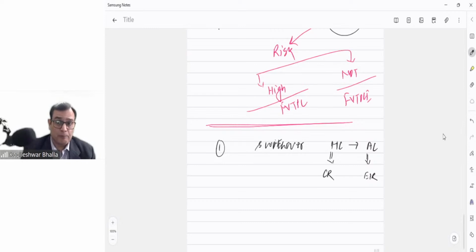Everywhere, when you're applying a cost approach, we would be applying the concept of the effective interest rate only. That's one important conclusion. Interest is not what you pay. Interest is not what you receive, but interest is what you should have received. Interest is what you should have paid.